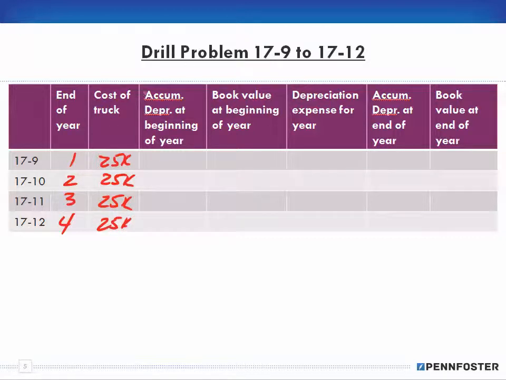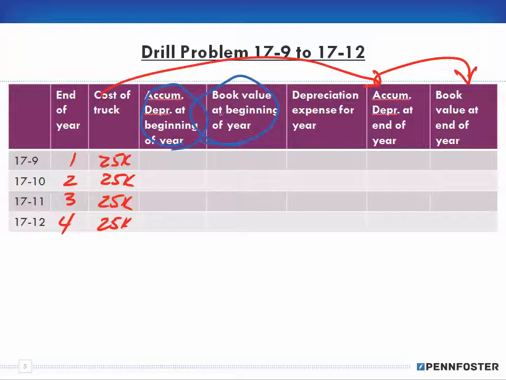Remember, the cost less the accumulated depreciation at the end of the year gives us our book value at the end of the year. Notice that we have an accumulated depreciation at the beginning of the year and a book value for the beginning of the year.